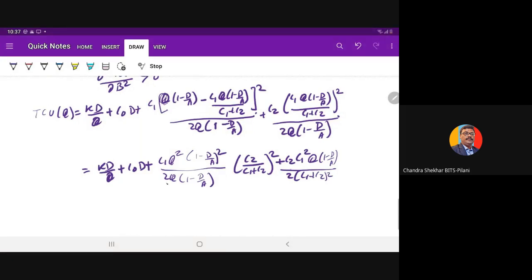So here Q and Q cancel out, 1 minus D upon A and 1 minus D upon A cancel out.